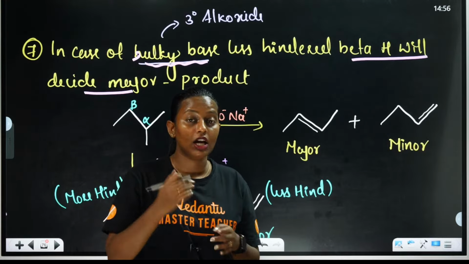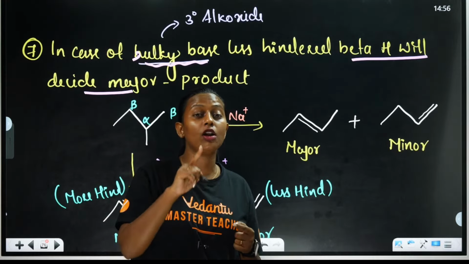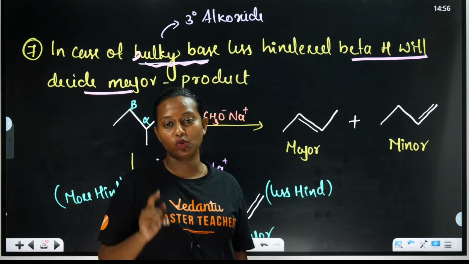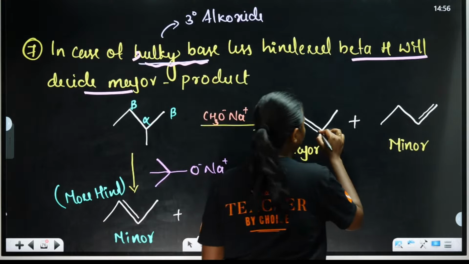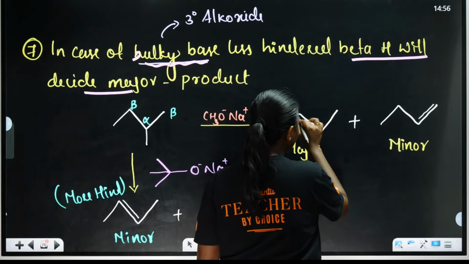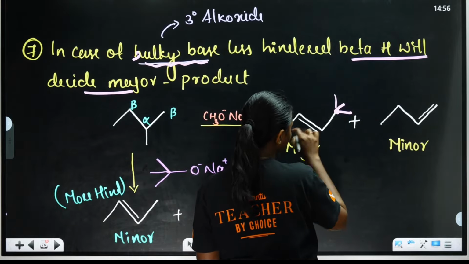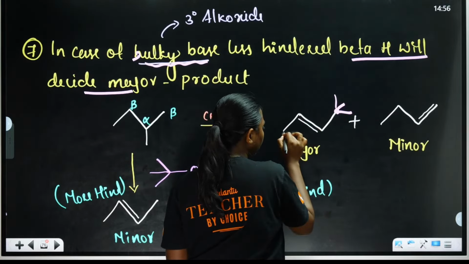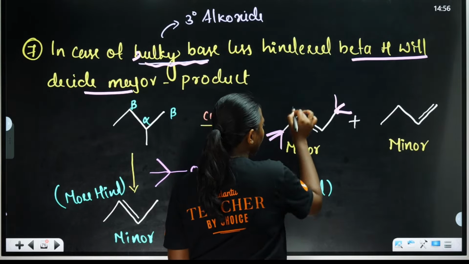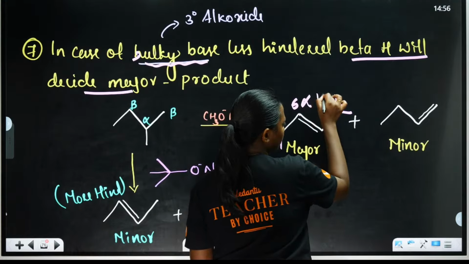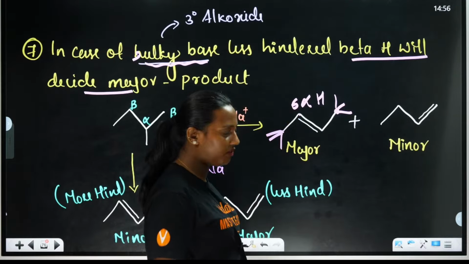How can we decide? Just calculate the number of alpha hydrogens. When you consider this alpha carbon, 1, 2, 3, there are 3 alpha hydrogens here, and this is another alpha carbon. So a total of 6 alpha hydrogens is there.